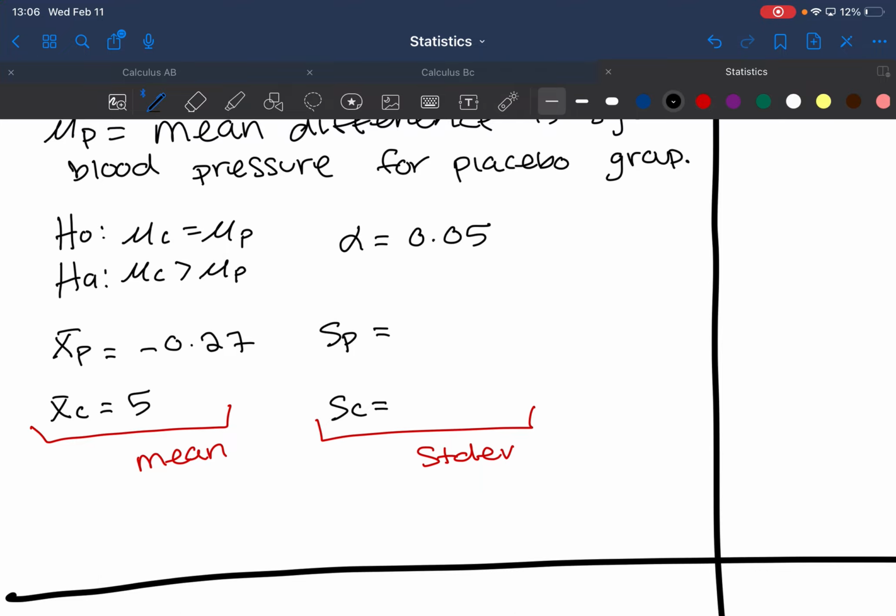Left. Then I establish my bin width by doing my maximum minus my minimum divided by the square root of n.